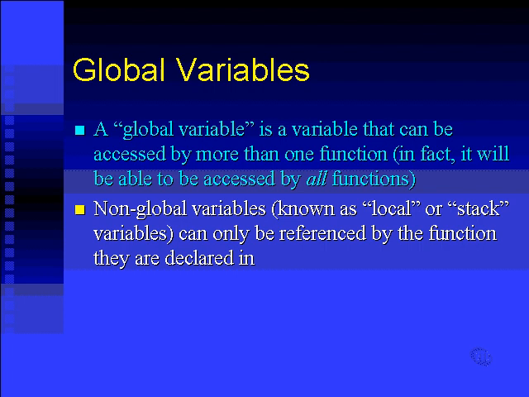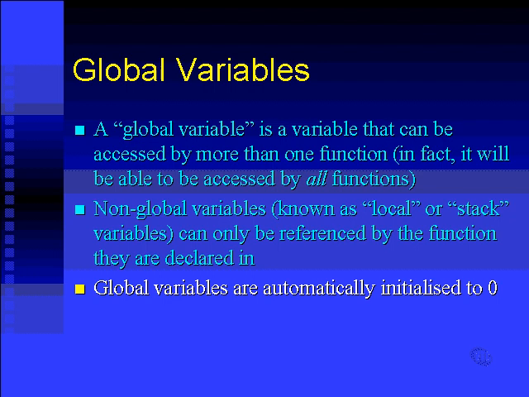What you'll discover is if you start making a practice of making everything global, then you might have something called count used in one function, and you might have another thing called count used in another function, and you might be trying to use them for two different purposes, however they're both called count, so they're actually the same variable, and so they'll interfere with each other and your program will have all sorts of trouble. So it's best to keep variables as local as possible. However, we'll talk about that later.